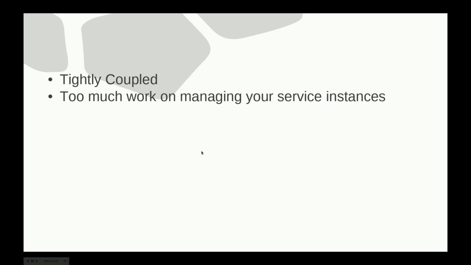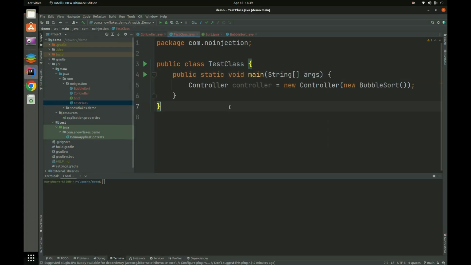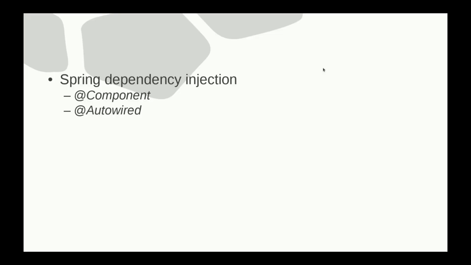If you go back to our code, as you can see here in the test class, for you to be able to create the controller instance, you also need an instance of the bubble sort. Imagine if you have thousands of controller classes and hundreds of services. That's going to be tough to manage.